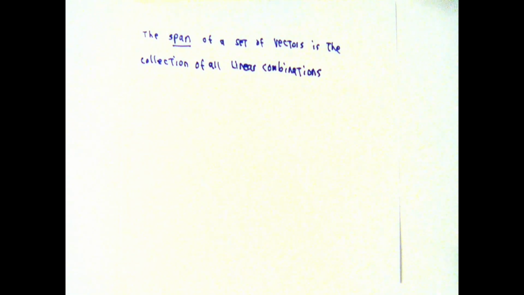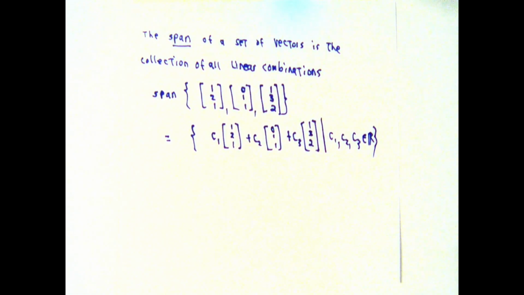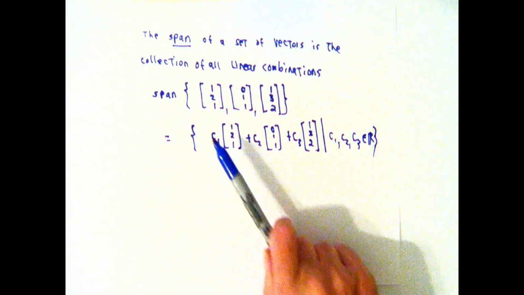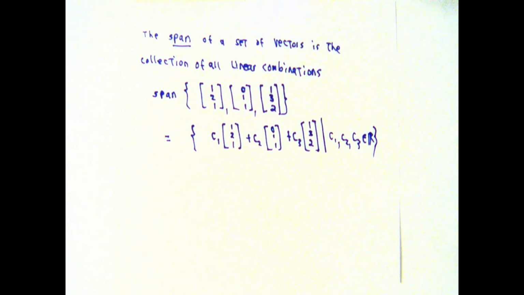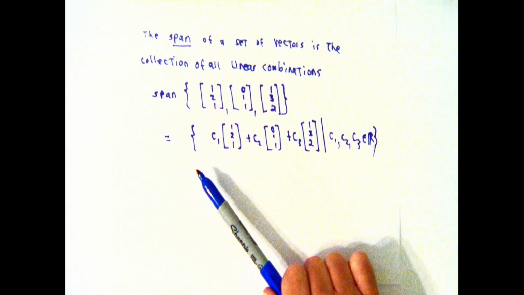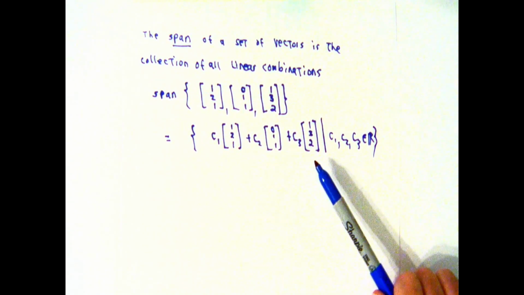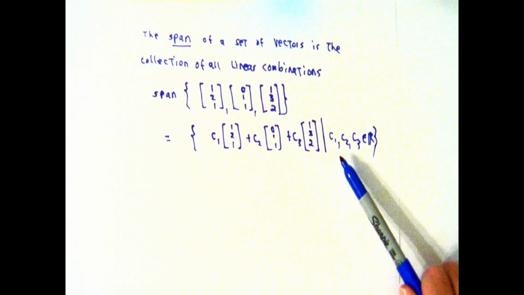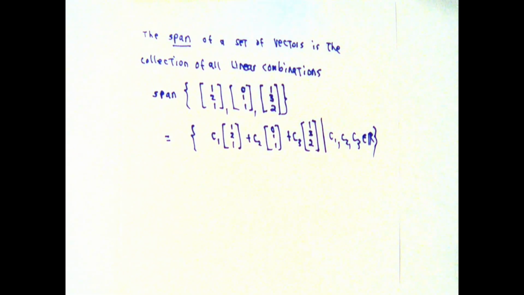The span of a set of vectors is the collection of all linear combinations of them. So, for example, the span of these three vectors we were just talking about is the collection of all things that look like that, where C1, C2, and C3 are real numbers. I have 3 vectors. You might think that this is going to be enough to map out all of 3-dimensional space, but it turns out it's not true.